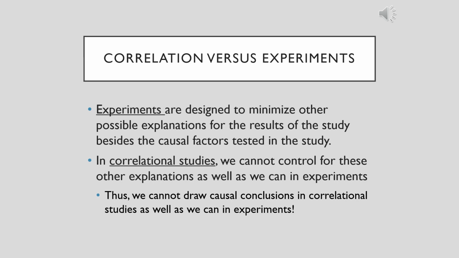In correlational studies, we don't control for a lot of other factors, at least using research design methods. Since we can't control for all possible variables that might influence the outcome, we can't say for certain that the independent variable actually causes a change in the dependent variable.